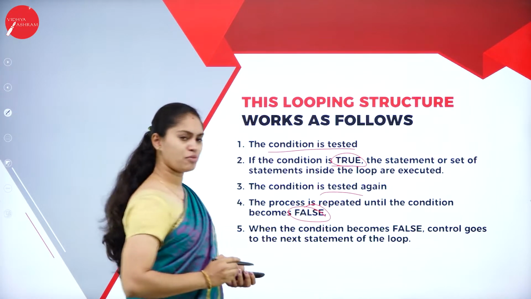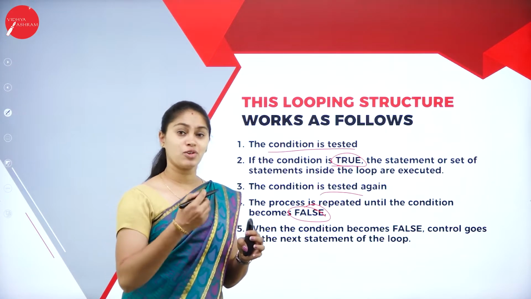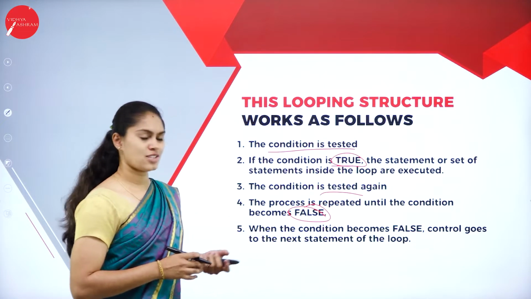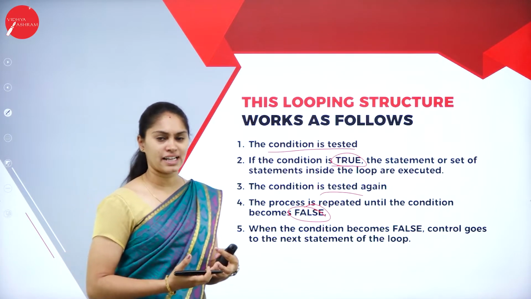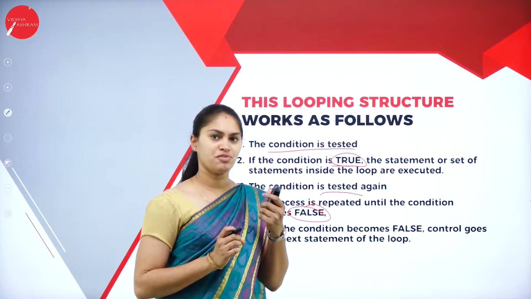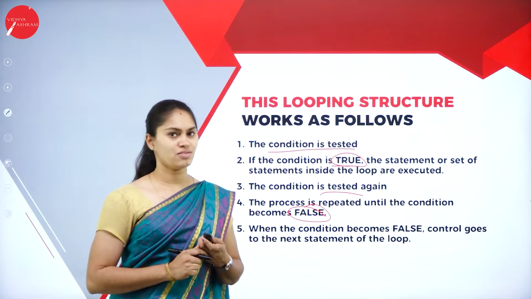If the condition becomes false, it will come out of the loop and execute the statement which resides outside the loop. Okay, so these are the rules or the working conditions of this while statement. So this is regarding what? Pre-tested. First I have to test a condition, then I have to execute the set of statements.